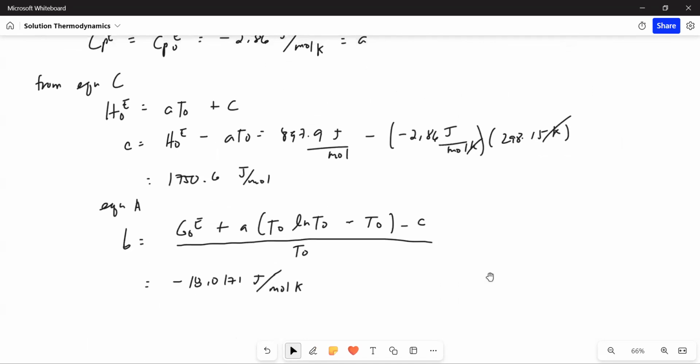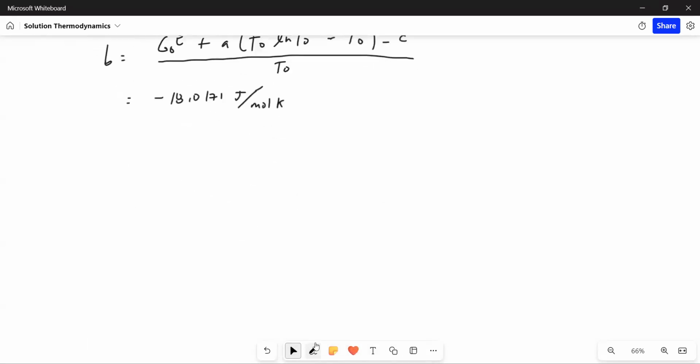So now that we have expressions for A, B, and C, let me summarize our constants. Letter A is just equal to CPE, negative 2.86 joules per mole Kelvin.